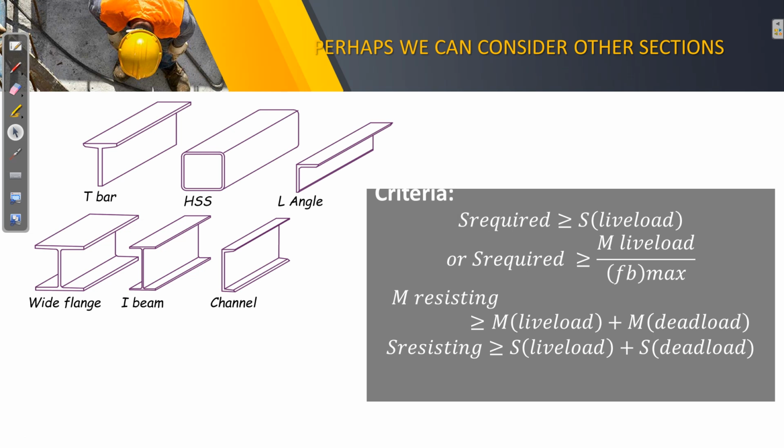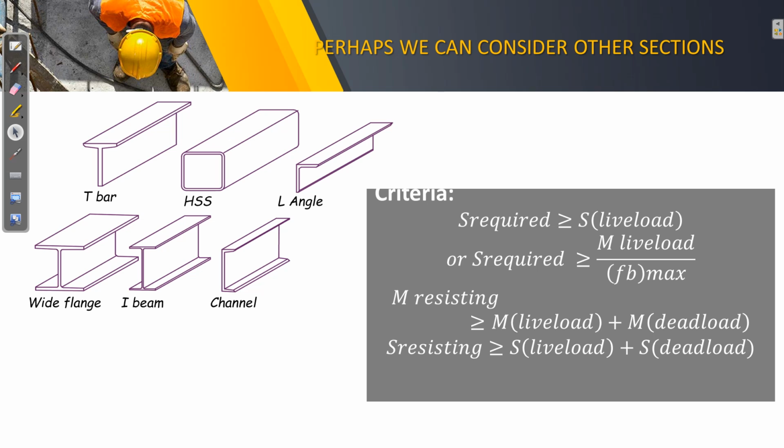So perhaps we can consider other sections like a T-bar, hollow steel structure, angle bar, wide flange, I-beam, or channels. But we must, of course, bear in mind that the capacity of your member should always be greater than the required, the applied loading.